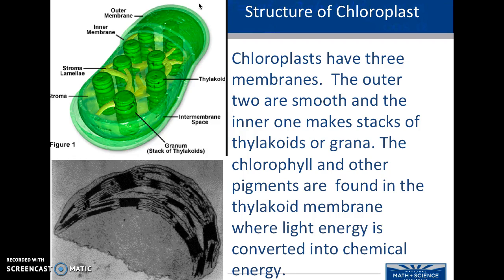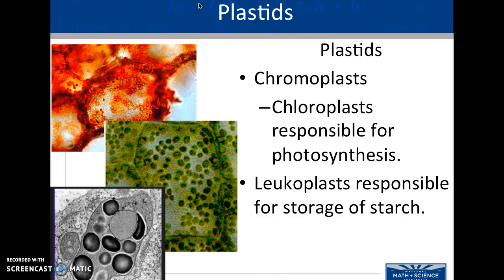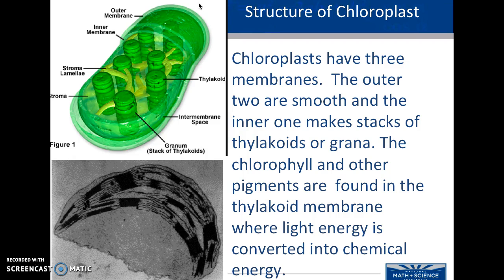When we talk about the chloroplast, the chloroplast has three outer membranes. The two outer membranes are smooth, and the inner one makes stacks called thylakoids or grana. The chlorophyll and other pigments are found in the thylakoid membrane, which is where the light energy is converted to chemical energy.